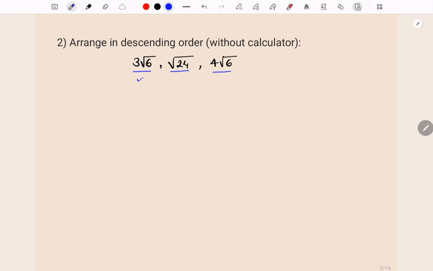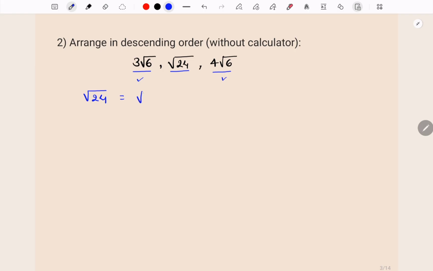But here we have square root of 24, and we know that we can simplify square root of 24. What about 4 root 6? Again, 4 root 6 is already simplified. So we need to think about root 24. Let's take root 24 and try to simplify it first.